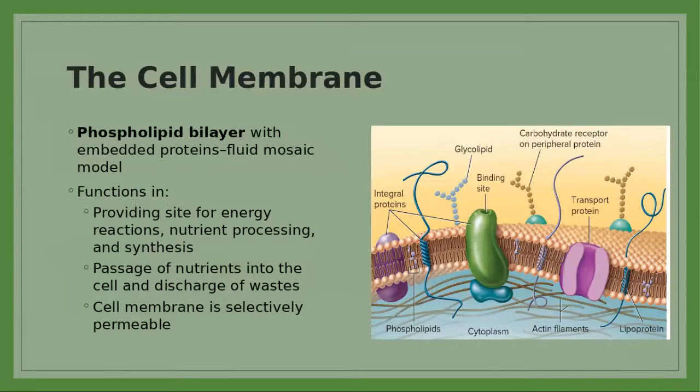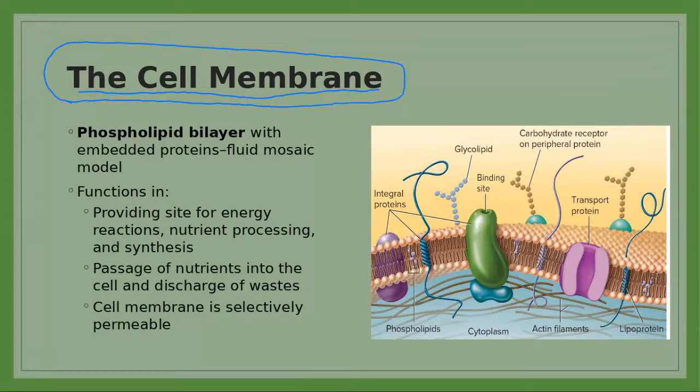Now under the cell wall, there is a second layer called the cell membrane. Remember when we talked about the differences and similarities between prokaryotic cells and eukaryotic cells: all cells, whether prokaryotic or eukaryotic, will have the cell membrane. But not all cells have a cell wall.